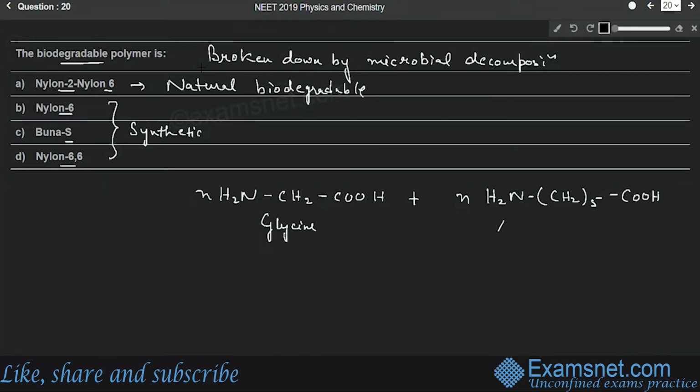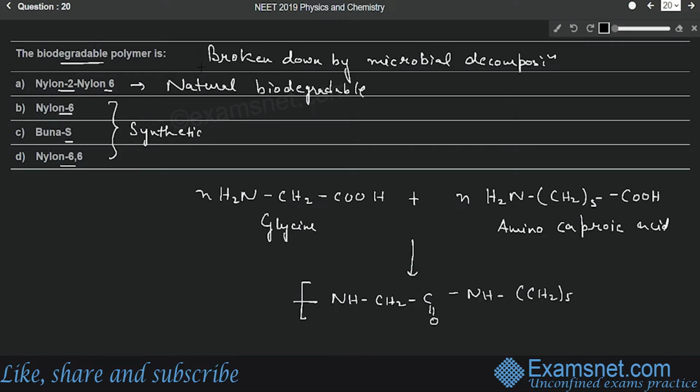Okay, this is aminocaproic acid, and when these two are combined it forms a polymer known as nylon 2, nylon 6. Okay, NH CH2, C double bond O, NH, then 5 CH2, then again C double bond O. So this is nylon 2, nylon 6.